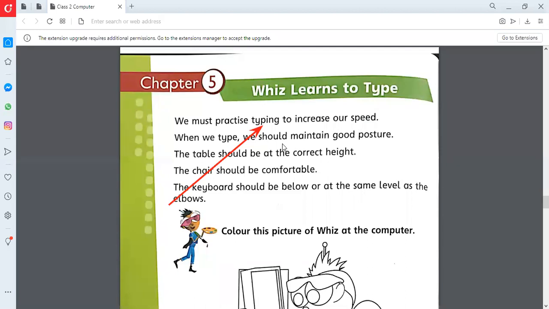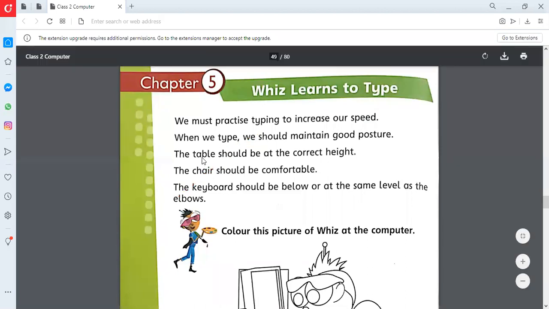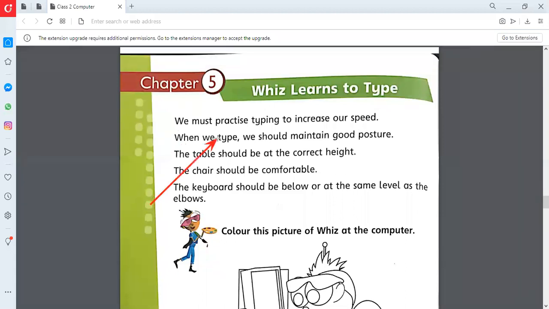The second line of the page is saying that when we type, we should maintain good posture. Basically, the word posture means the sitting style, the style in which we are standing or sitting.